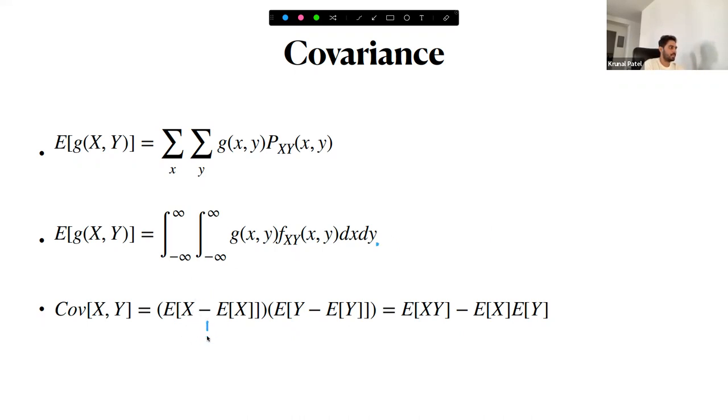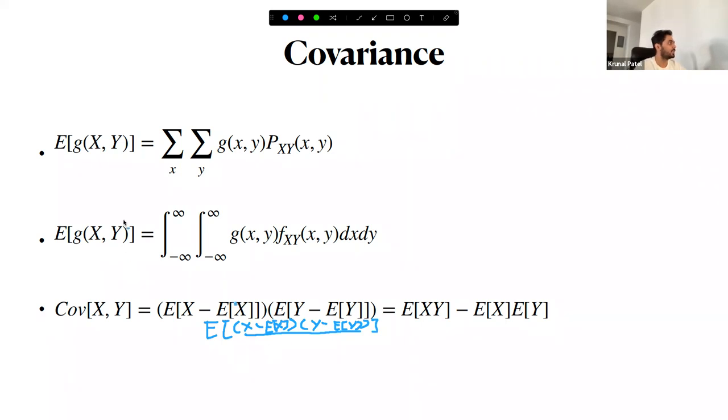It's supposed to be the expectation of the first term, x minus ex, times the second term, y minus ey, and then you calculate the expectation of this entire thing. So that's the correction, this is the correct formula.